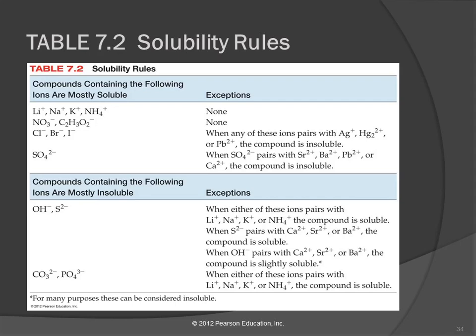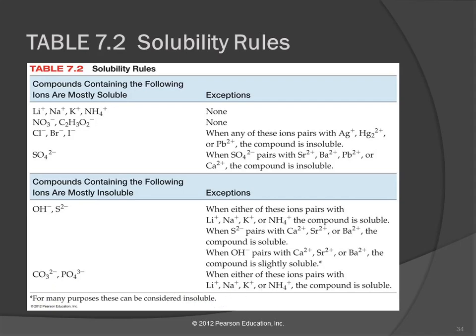For our purposes, slightly soluble is the same as insoluble. It means that a little bit dissolves, but only a little bit. And so we're just going to go with two categories, soluble and insoluble. So slightly soluble, we're going to count as insoluble. And see what it says down here? For many purposes, these can be considered insoluble. Carbonate and phosphate, those guys are generally insoluble except with those.